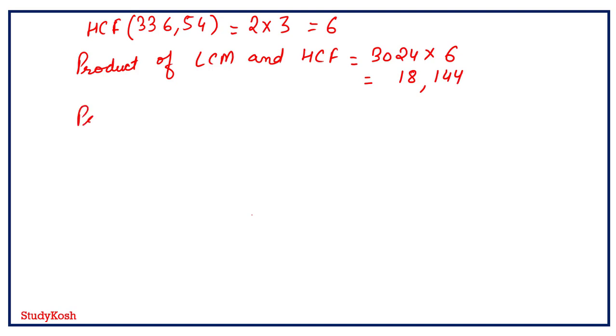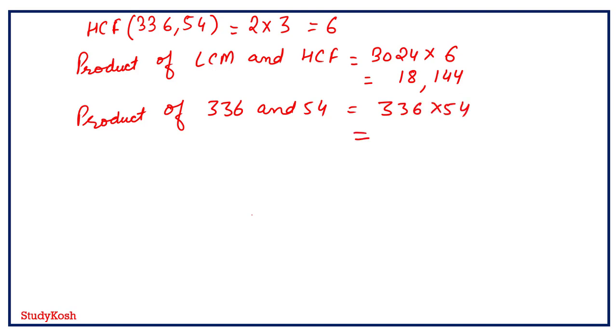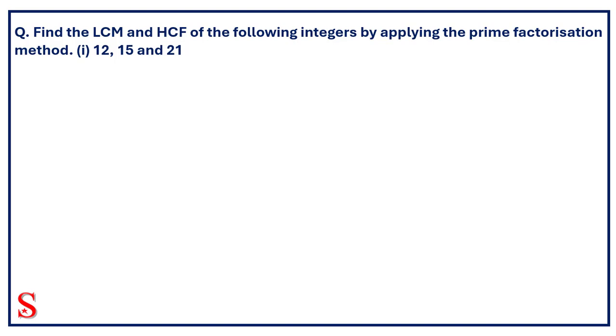And now we'll find out the product of 336 and 54, which is the same, 18,144, hence proved. I hope things must be clear till here. Moving on to the next question now.